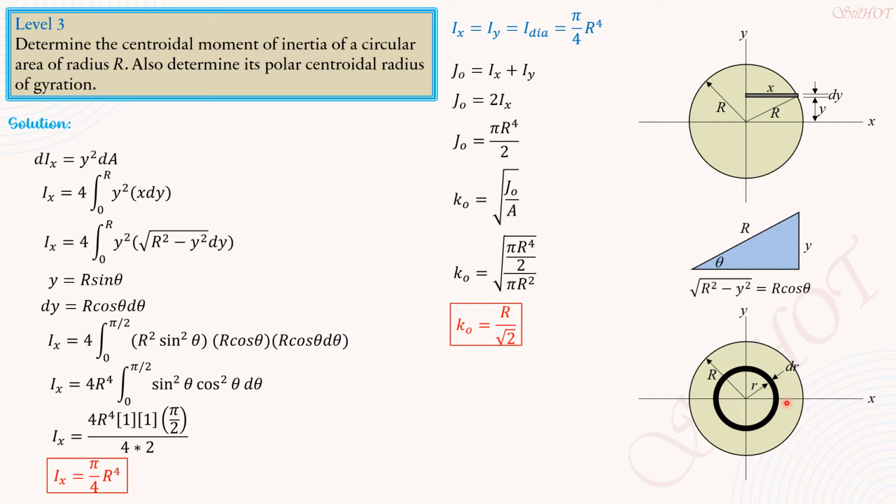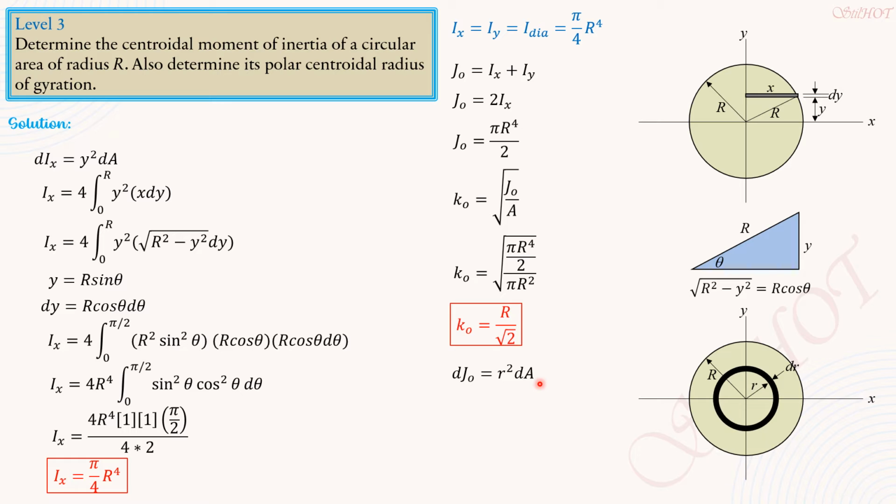The thickness is dr. So the differential polar moment of inertia is, by principle, r square times the differential area. So the differential Jo is r square dA. For you to imagine the differential annular area, you cut it and flatten it out, so it is a rectangular strip. The length of the rectangular strip is 2 pi r, the circumference, and the thickness is dr.